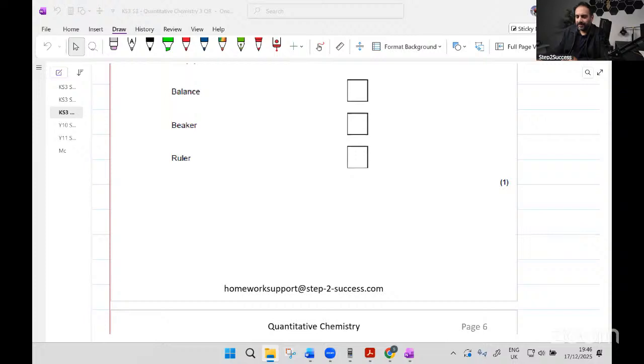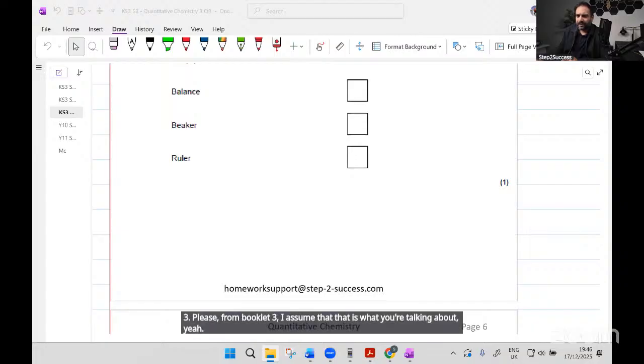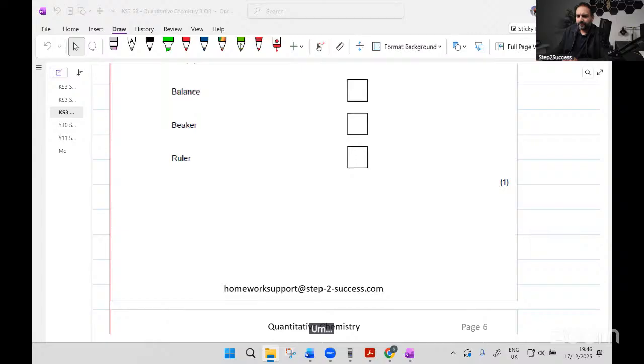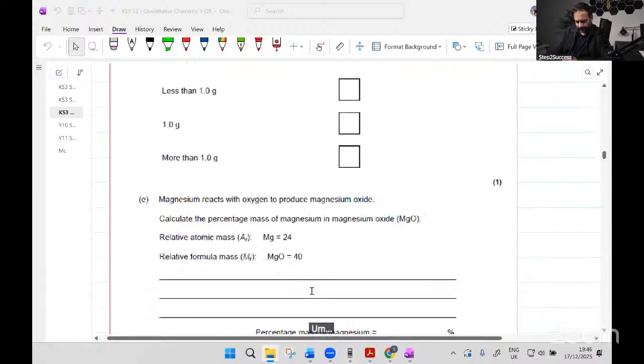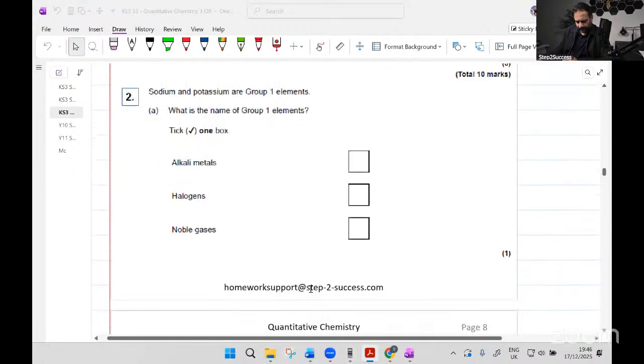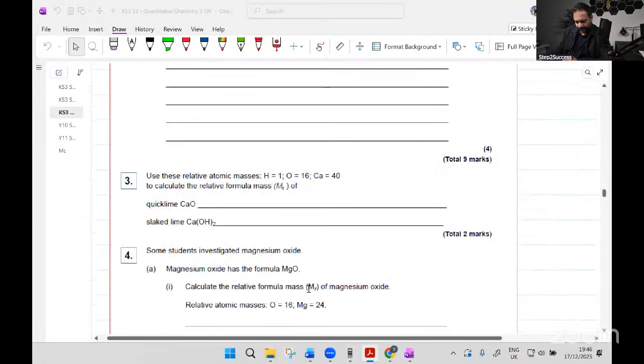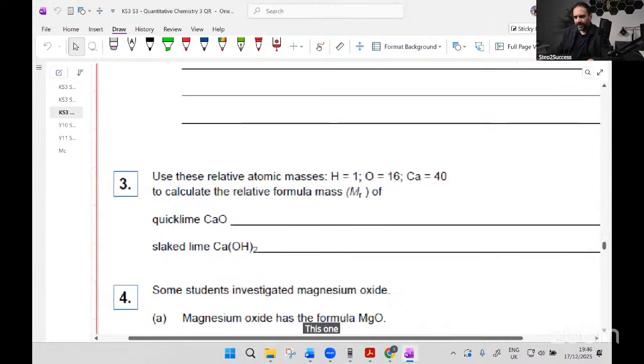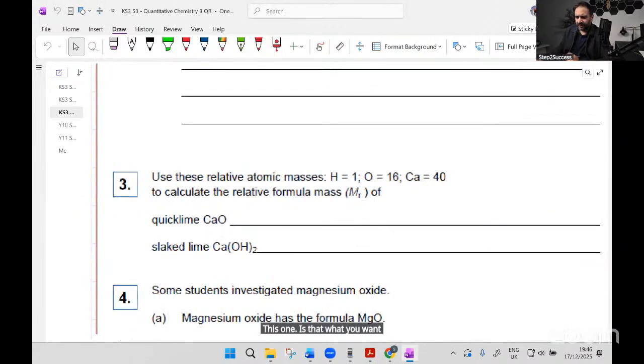Three, please. From booklet three, I assume that is what you're talking about. This one. Is that what you want?